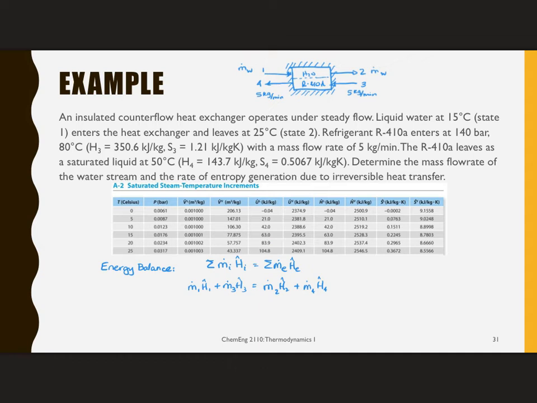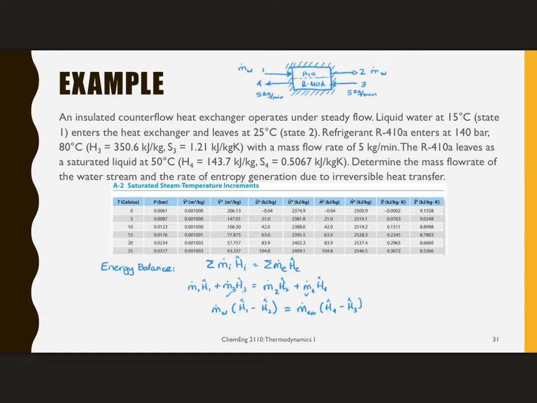Okay, now I know the mass flow rates of streams 3 and 4 are equal to each other. I named those MW. And I have MW times H1 minus H2 is going to equal the mass flow rate of the 410A times H4 minus H3.